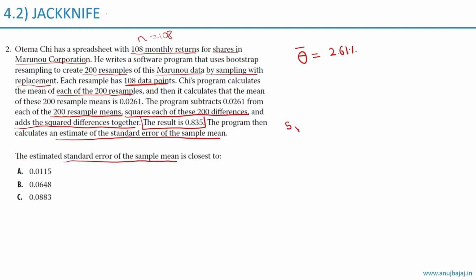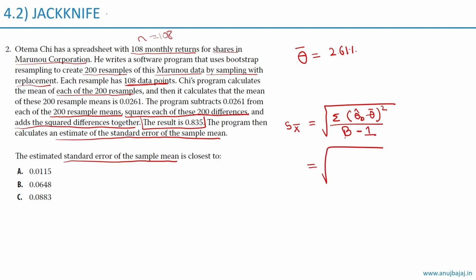The formula for the standard error of the sample mean, or the standard deviation of the bootstrap sampling distribution, equals the root of the summation of the squared deviations of all the observations from the average, divided by the total number of resample means minus 1.